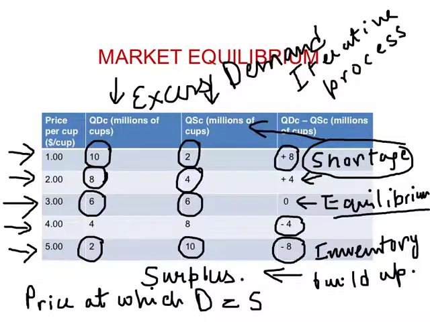Another term for this inventory buildup is excess supply. I'll just write S. So we should know what is equilibrium and what is a shortage and what is an inventory buildup. Shortage takes place when the price is low or lower than equilibrium. Inventory buildup takes place when prices are higher than equilibrium.